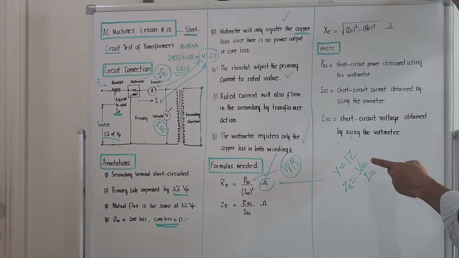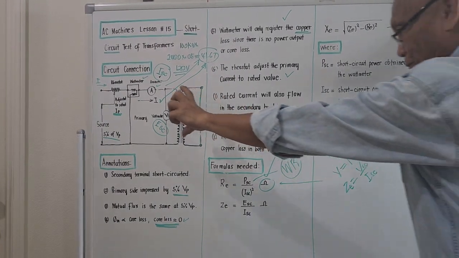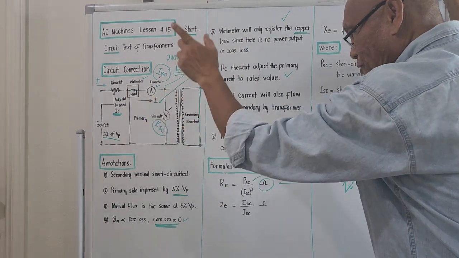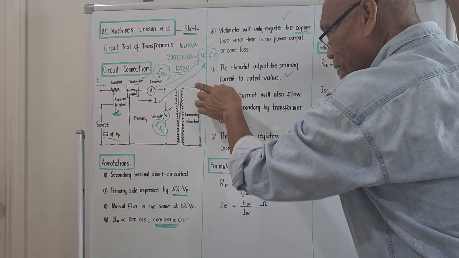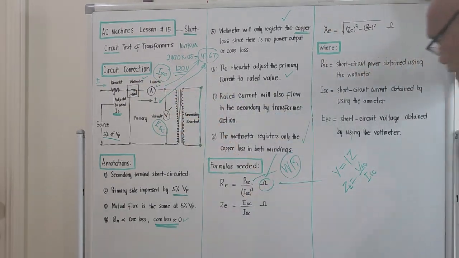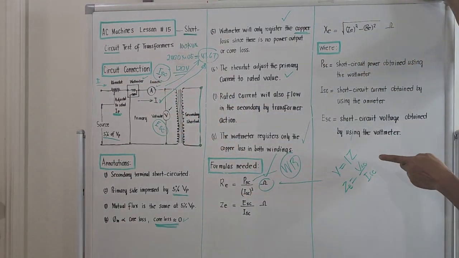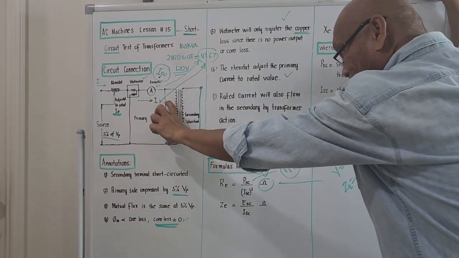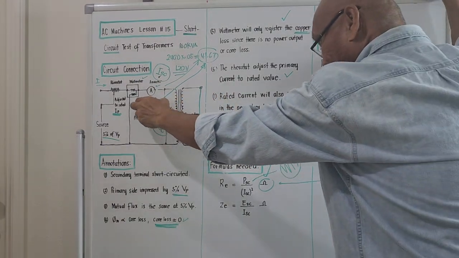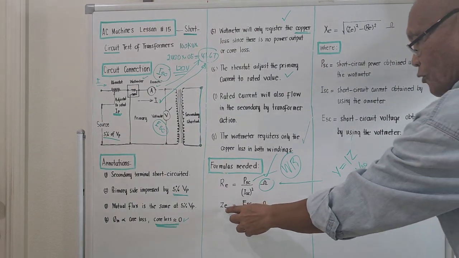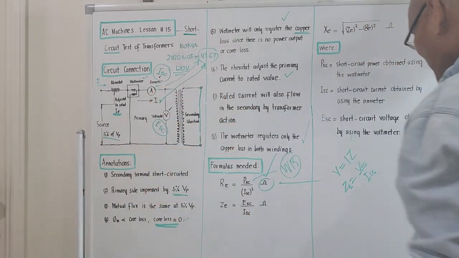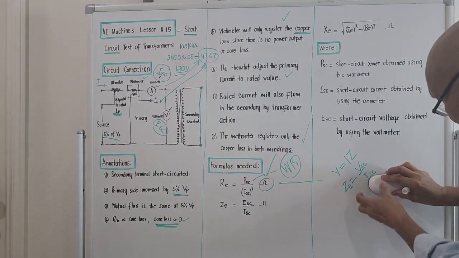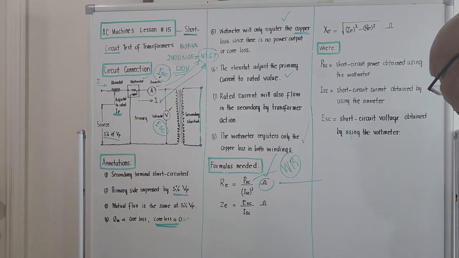Okay, this short circuit voltage is the voltage that appears on the voltmeter, and the short circuit current is the current registered with the ammeter, which is connected in series with the primary line. So by dividing the short circuit voltage by the short circuit current, it represents the equivalent impedance of both windings, right? That's it. So how do we compute for the reactance?